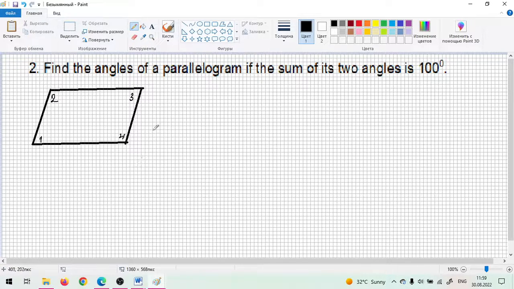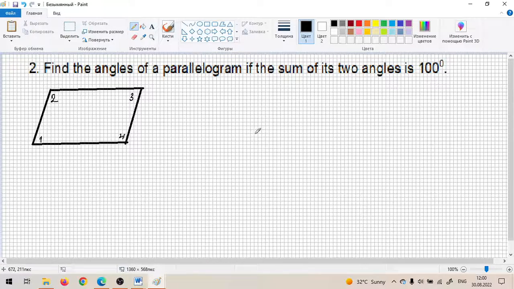There are 4 angles in each parallelogram. So these two angles are one-sided angles. Yes, their sum is 180 degrees. So it's not those angles in which our task is.